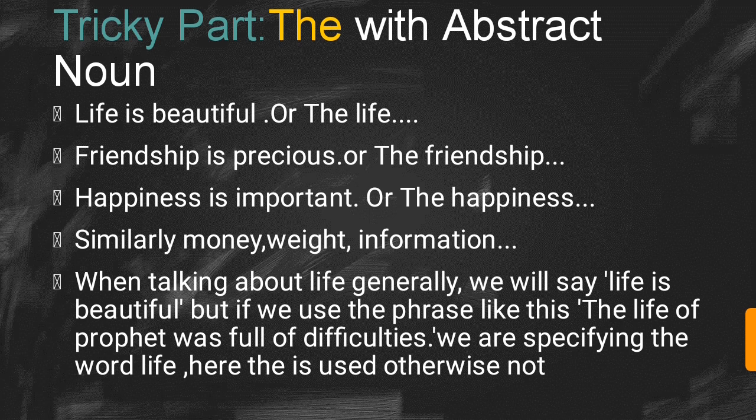Money is important for life, or the money to pay the rent is important to earn. The happiness of my kids is a source of my joy. When you are using the article the with the abstract nouns money, happiness, friendship, here we are particularly talking about the specific case.